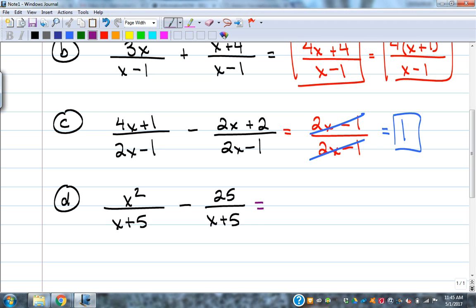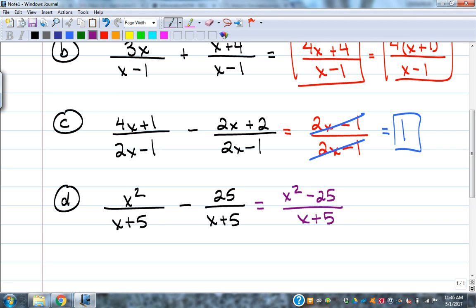Denominator's already the same, so we try to put together the numerator parts that are like terms. There's no like terms, so I'm just going to write the numerator x squared minus 25. Then I'm going to try to simplify.